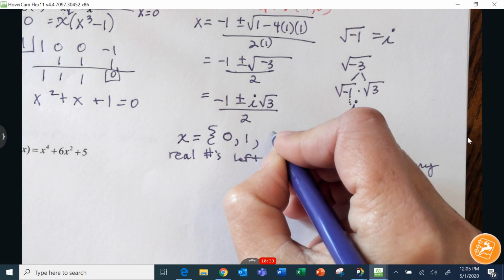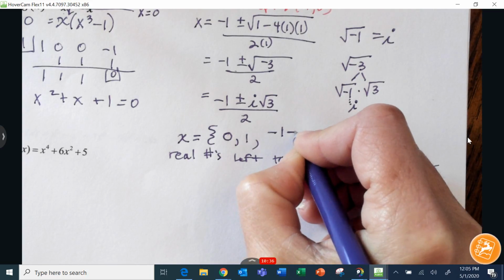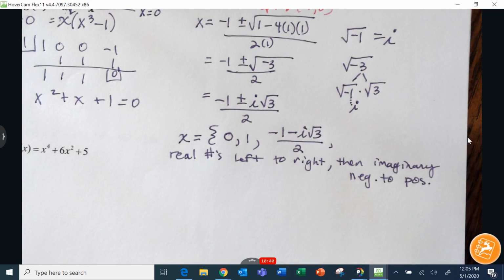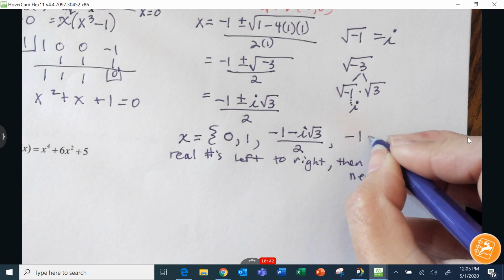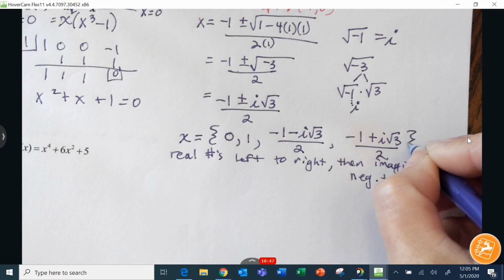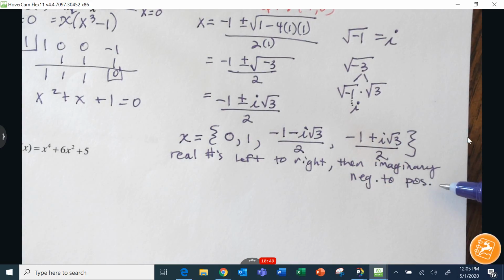Let's see, the negative would be negative 1 minus i square root 3 over 2, comma, negative 1 plus i square root 3 over 2, and then that will be the close of the fancy bracket.